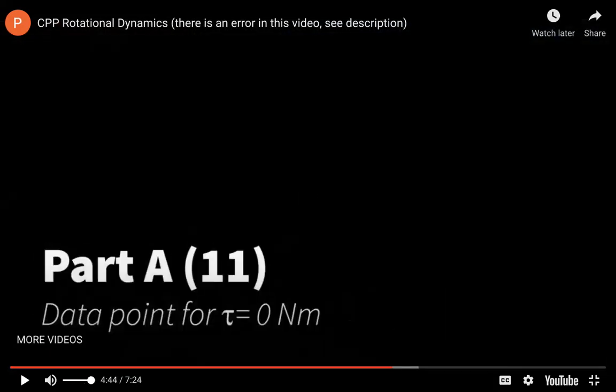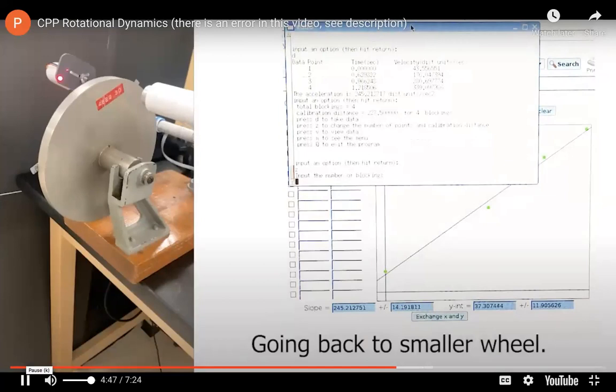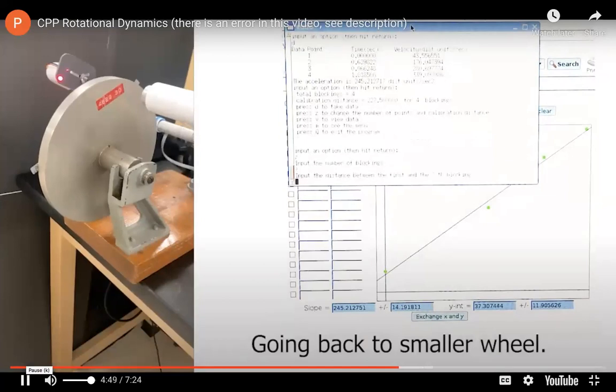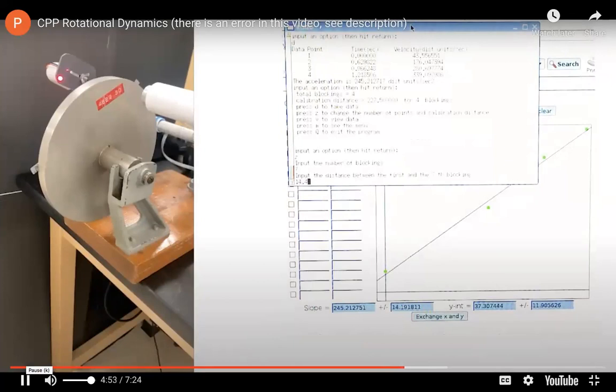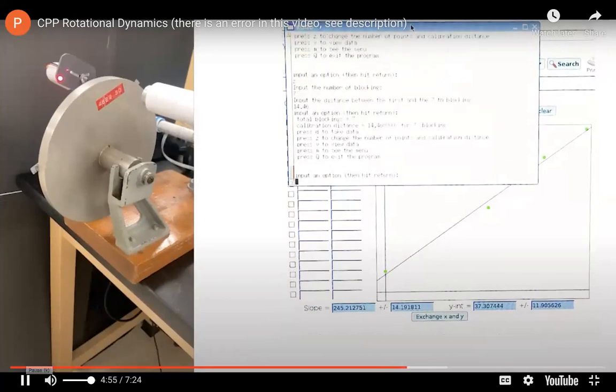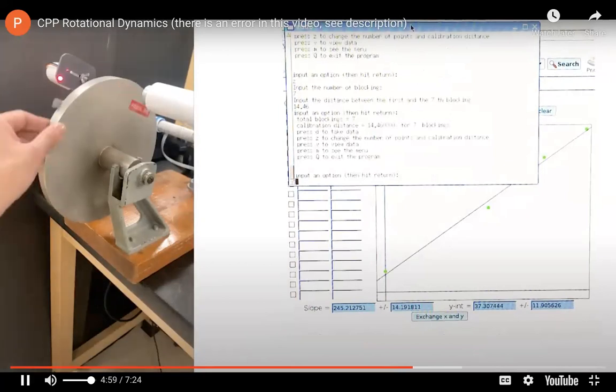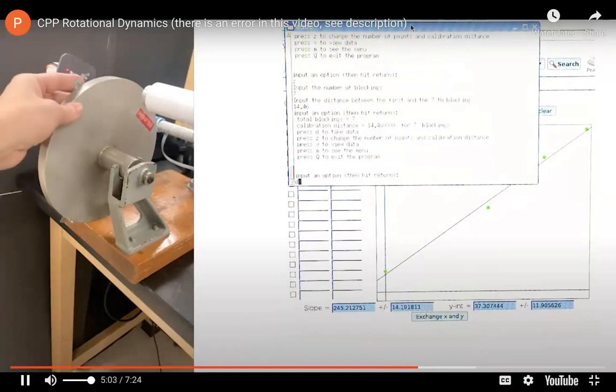And we continue at part 11. You don't put any weight on it. How do you get it to spin? You'll have to spin it yourself, right?